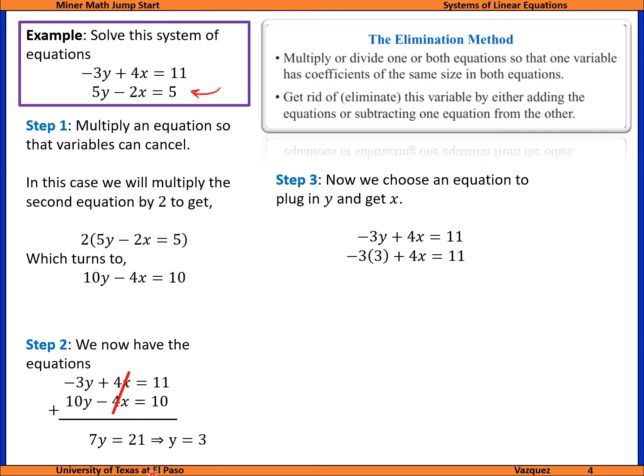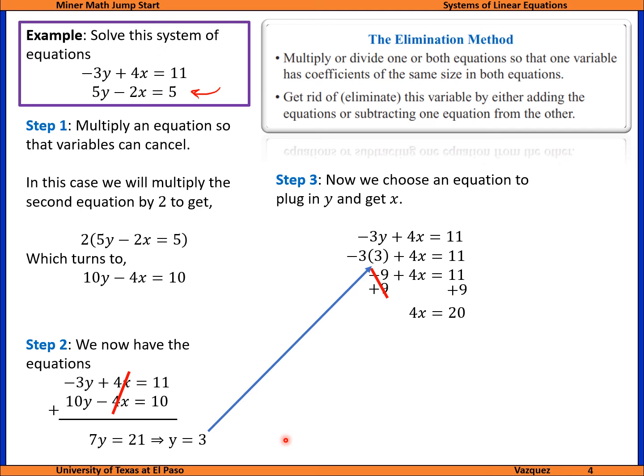So negative 3 times 3, that'll give us negative 9 plus 4x equals 11. And then just add 11 to both sides to isolate the x, which gives us 4x equals 20.